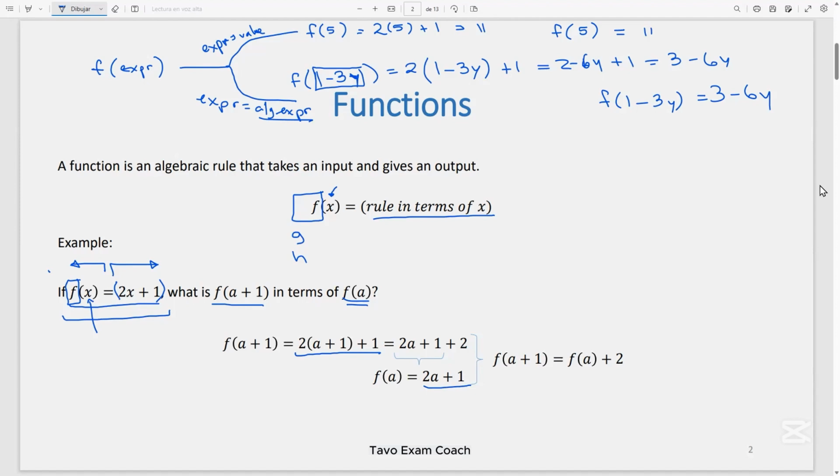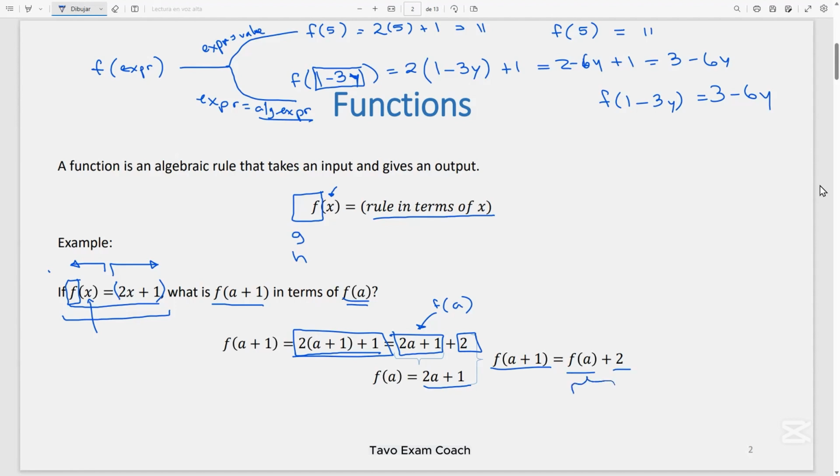So the question is actually, what is 2 times a plus 1 plus 1 in terms of 2 times a plus 1? Since this expression can be rearranged as 2 times a plus 1 plus 2, you might say that because 2a plus 1 can be represented by saying f of a simply, the question may be responded like this. f of a plus 1, that is to say, 2 times a plus 3, equals f of a, that is 2 times a plus 1, plus 2.